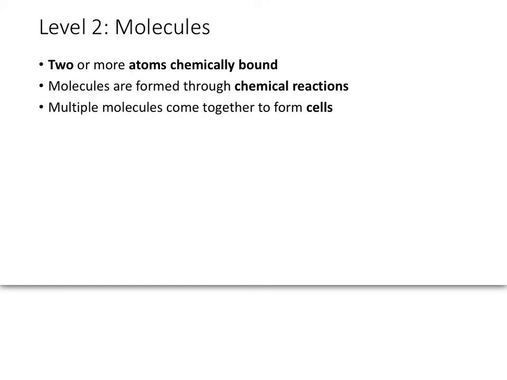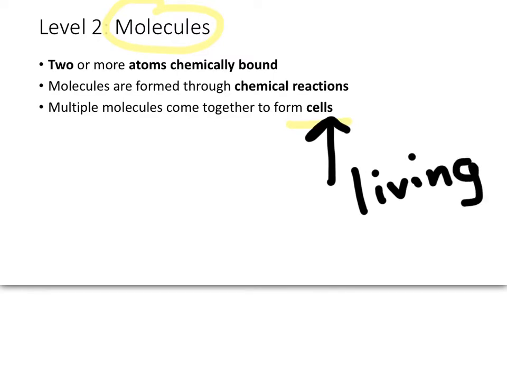Again, when we have 2 or more atoms that are bound together chemically, we get a molecule. And when you have multiple molecules come together, they form cells. Now, I said this last class, and I want to stress this again this class. The moment you start forming cells, this is when we get into living organisms.